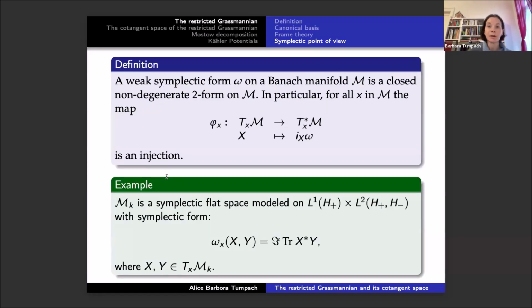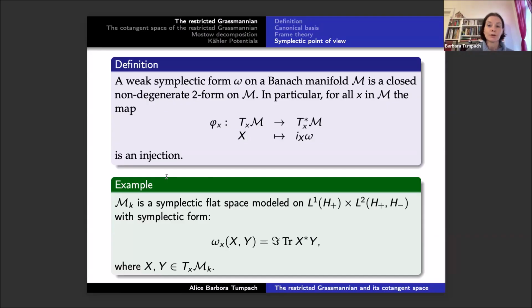Now I go to the symplectic point of view. And I need to define what a symplectic form is. Usually these symplectic forms are weak. So a weak symplectic form on a Banach manifold is a closed non-degenerate 2 form on this manifold.